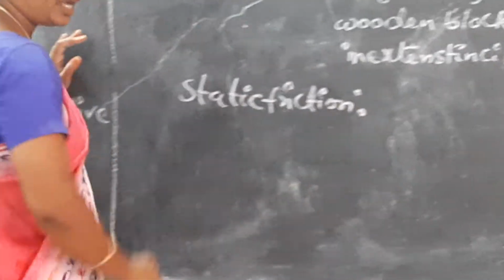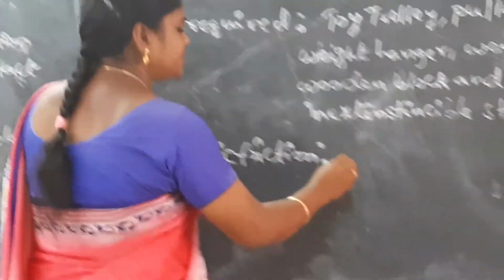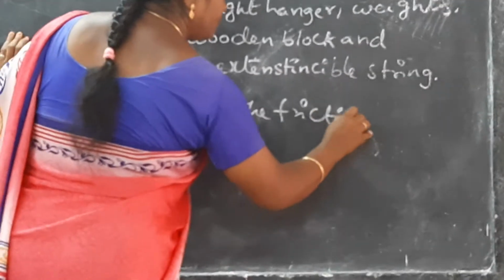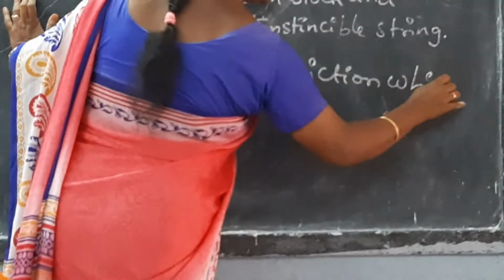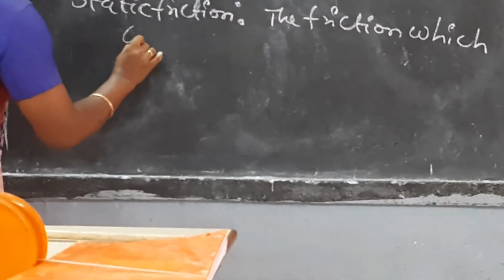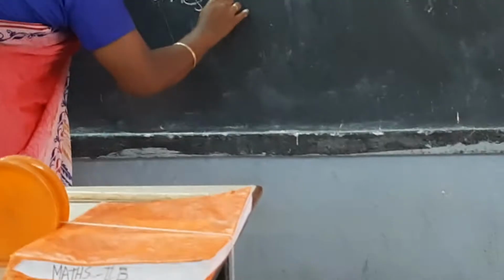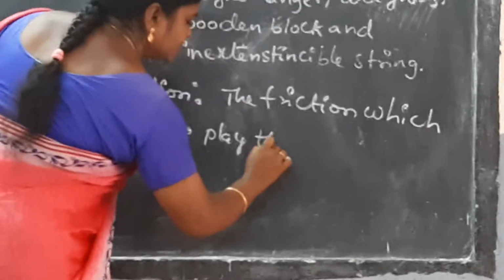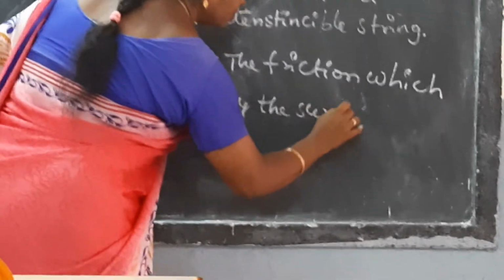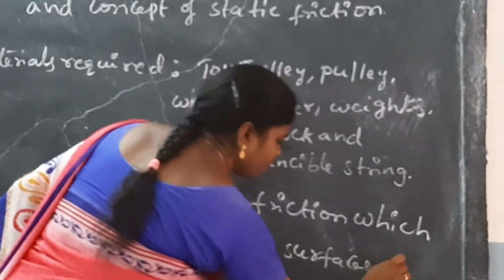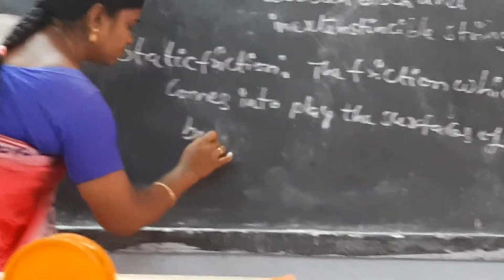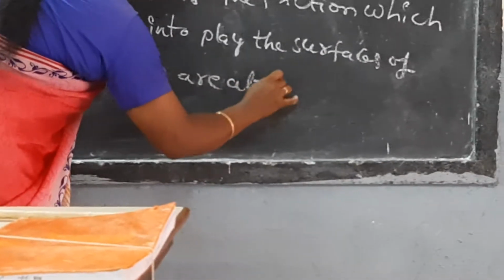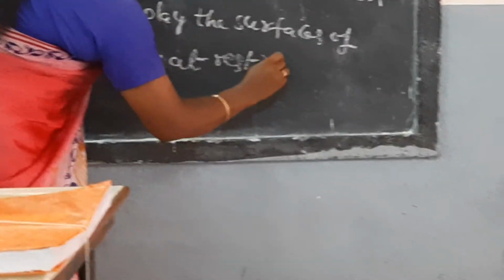Static friction is defined as the friction which comes into play when the surfaces of bodies are at rest relative to each other.